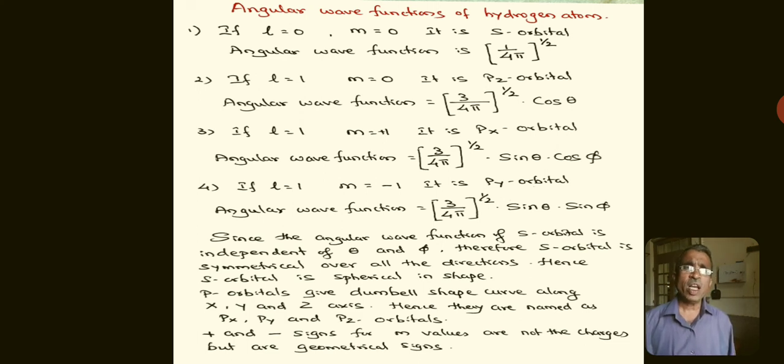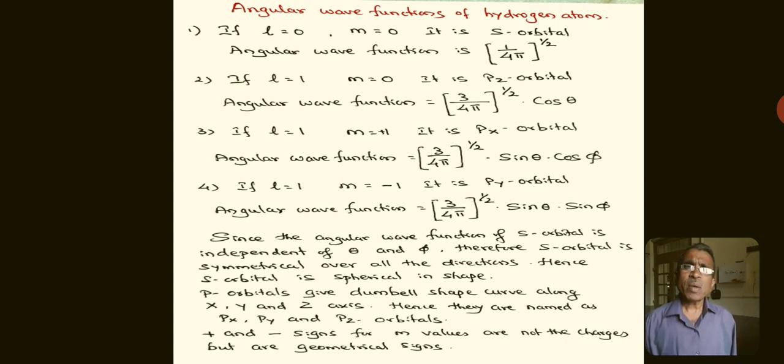Here we are showing why the s orbital is spherical in shape. So the reason is given by the angular wave functions. p orbitals give a dumbbell shape along the x, y and z axis. Hence they are named as px, py and pz orbitals.